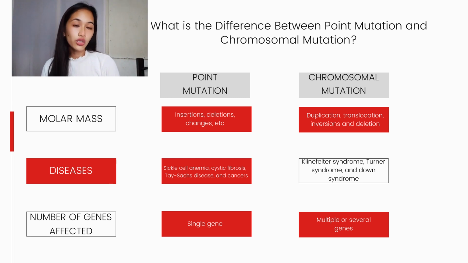Point mutation occurs due to change, insertion, or deletion. On the other hand, chromosomal mutation may occur due to duplication, translocation, inversion, deletion, non-disjunction of chromosomes, crossing over, and so on. Thus, this is the summary of the difference between point mutation and chromosomal mutation.